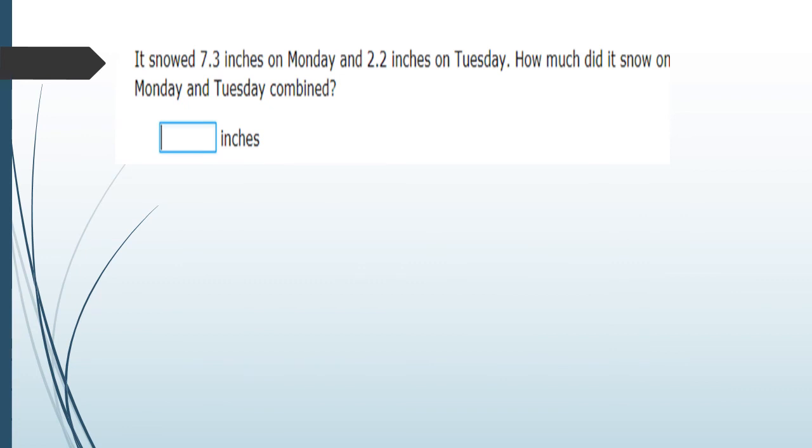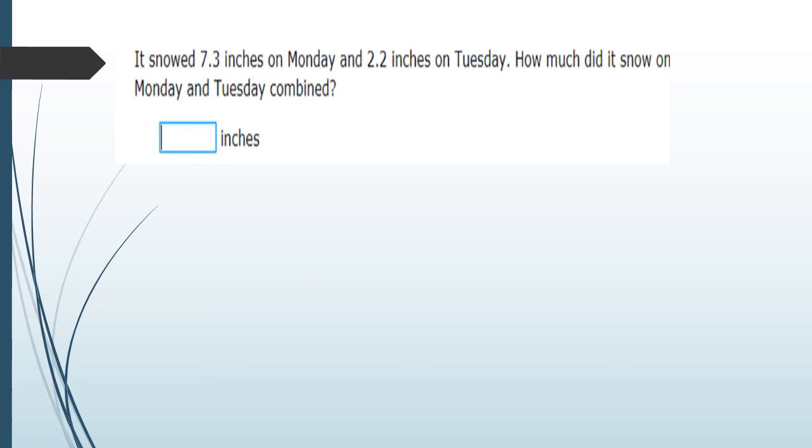The last example. It snowed 7.3 inches on Monday and 2.2 inches on Tuesday. How much did it snow on Monday and Tuesday combined? Combined means together. So together or combined means addition.